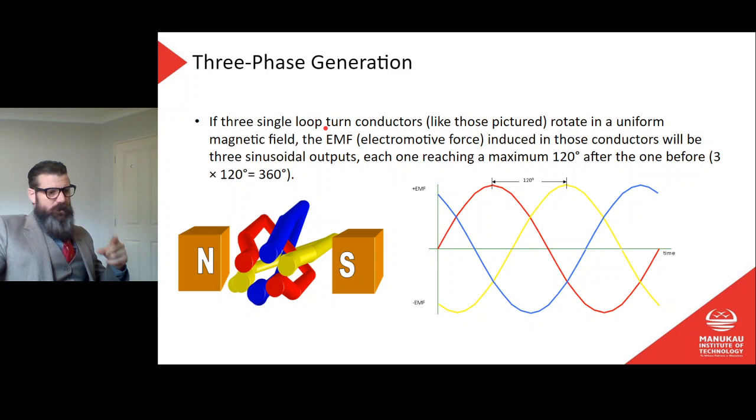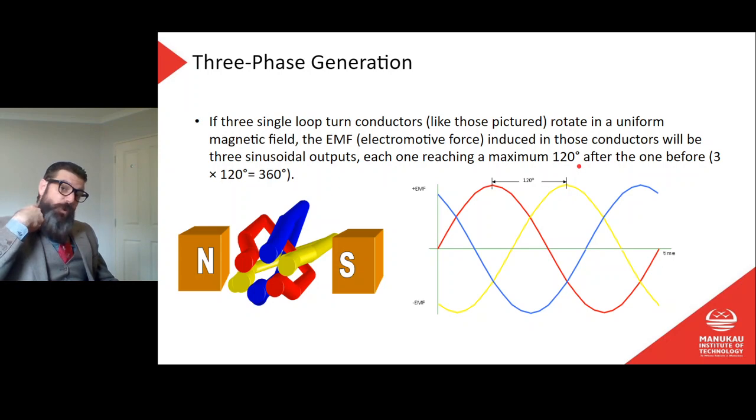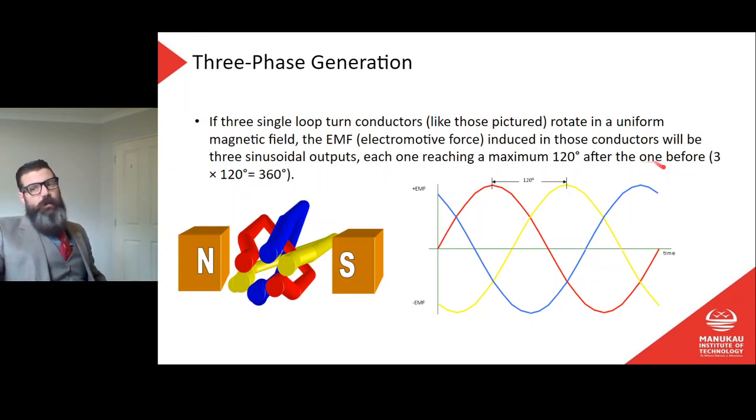It's just instead of having multiple turns, it's a single turn. Rotate in a uniform magnetic field, the EMF induced in those conductors will be three sinusoidal outputs. Sinusoidal means sine wave. Each one reaching a maximum 120 degrees after the one before. 3 times 120 is 360 degrees, so evenly spaced around a circle.